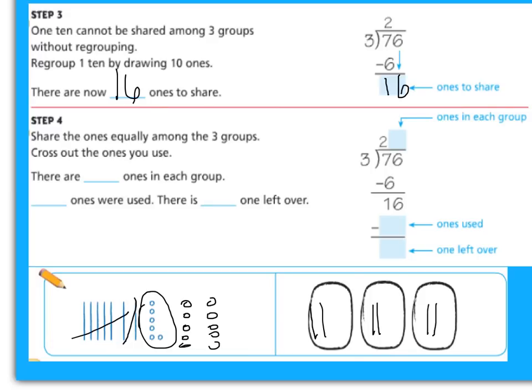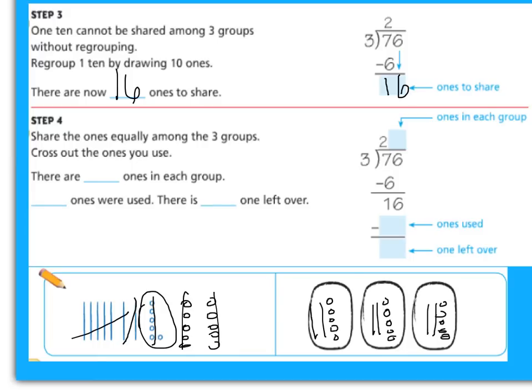So now let's share those amongst these 3 groups. 1, 2, 3, 4, 5, 6, 7, 8, 9, 10, 11, 12, 13, 14, 15. My count is 15 and I know I have 16. So I've now used all but 1 one. And that 1 one is not enough to share. So I can't share that equally amongst the 3 groups.